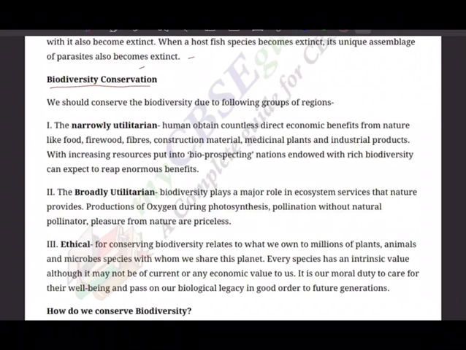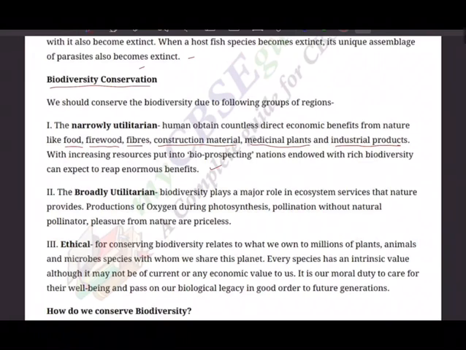Humans obtain countless direct economic benefits from nature, like food, vegetables, cereals, pulses, fruits, whatnot, firewood of course, fibers, construction material, woods and logs, medicinal plants, which I just mentioned, very valuable plants, and industrial products. And with increasing resources put into bioprospecting, nations endowed with rich biodiversity can expect to reap enormous benefits. So for this reason, we need to conserve biodiversity.